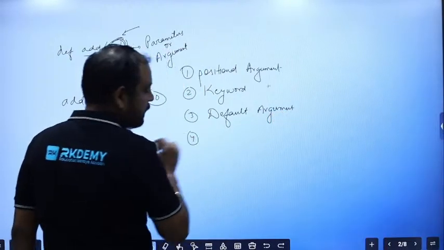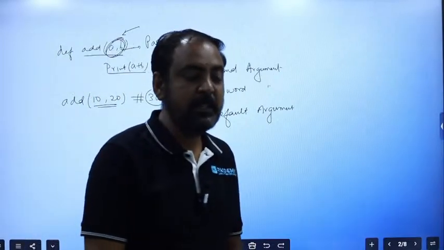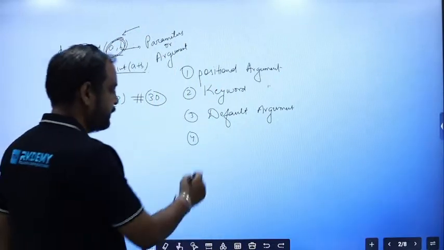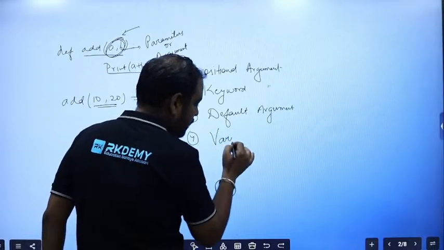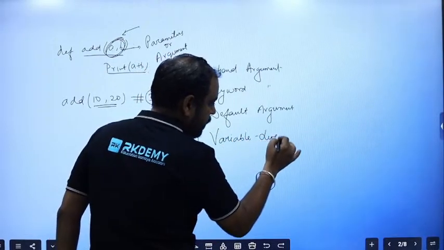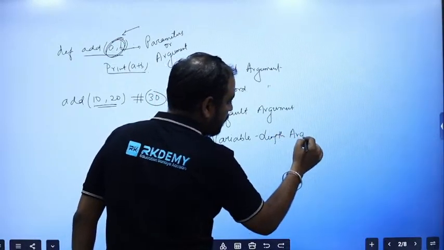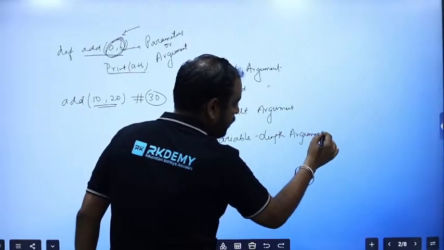Fourth one is known as variable length argument. We call it as varg arg also.